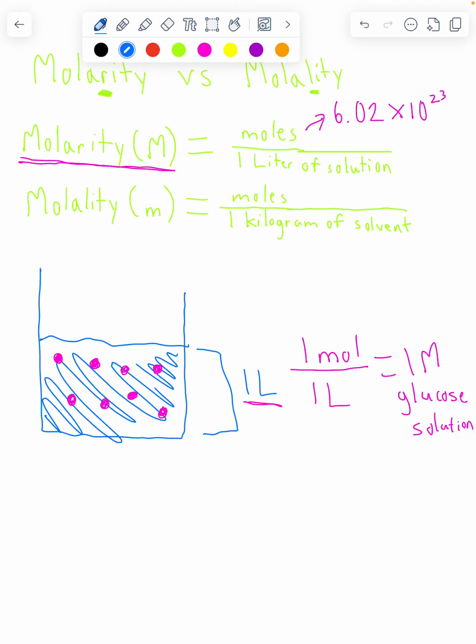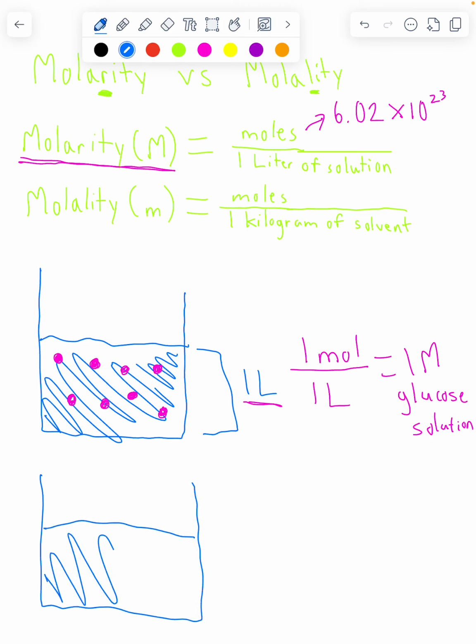Okay? Now, let me explain what molality means. Okay? So again, I'm going to draw out a little bucket of water. And for ease, it's going to mean the same thing. Okay? I have glucose molecules again. Again, I have 6.02 times 10 to the 23rd molecules of glucose in this bucket.